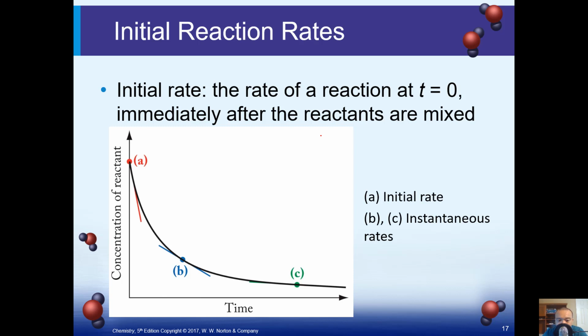The tangential slope of the curve at the points B and C represents the instantaneous rates at the specific times in the reaction. The slope at the point when time is 0 is known as the initial rate.